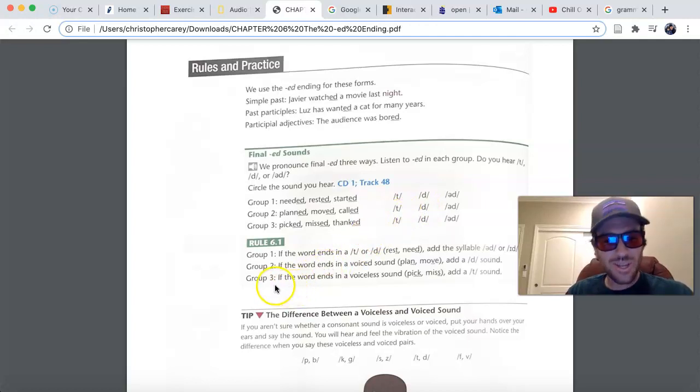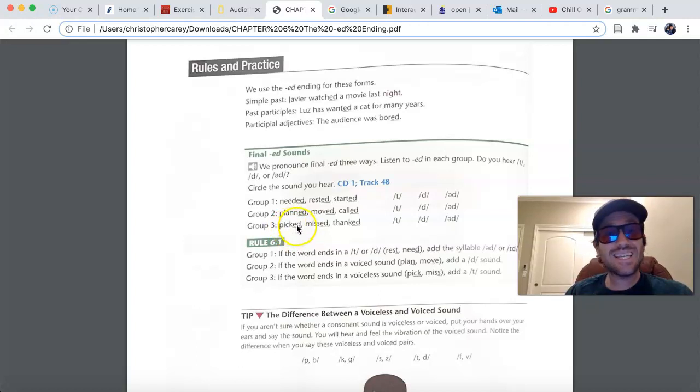We're just about done here. If the word ends in a voiceless, quiet sound, no vibration, right? A voiceless consonant sound, then we add the T consonant sound for ED. Picked. K, k, k.